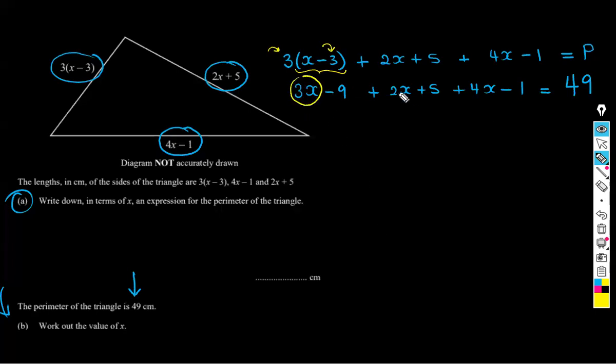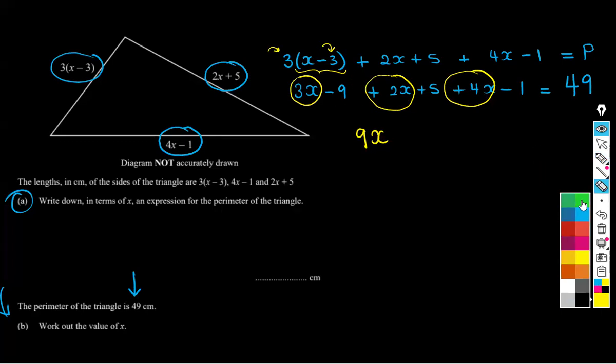So let's add up all the x's here. 3x plus 2x is 5x plus 4x is 9x. Before we throw across the minus, we can add up the numbers first. Minus 9 plus 5 minus 1, you're going to get minus 5 there.